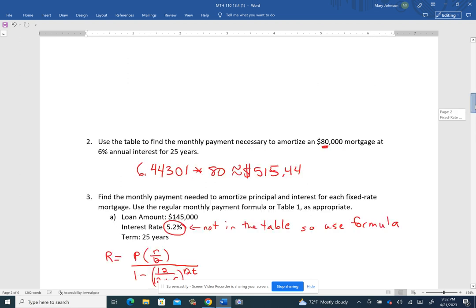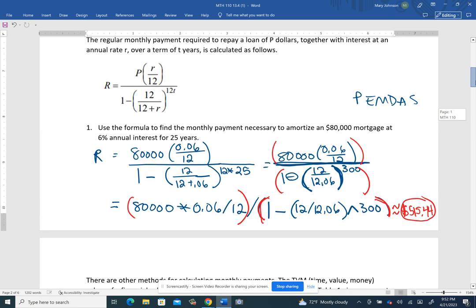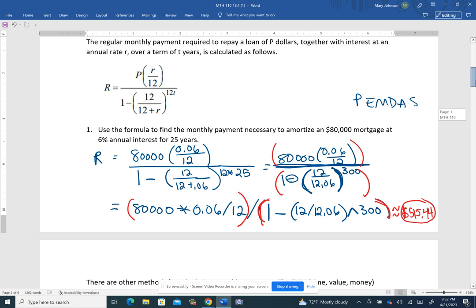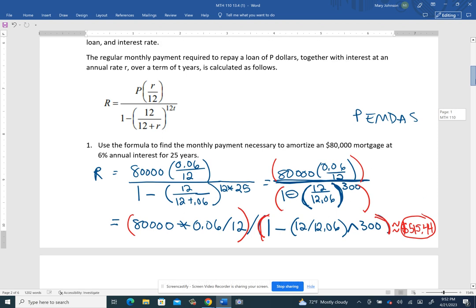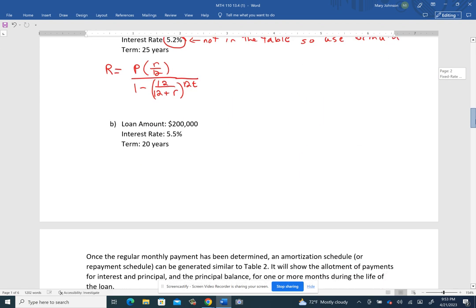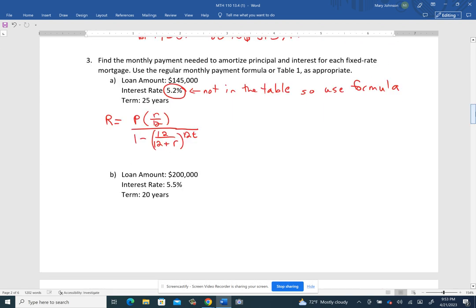All right, so I got that. You'll have it on a formula sheet, and you just have to find that formula when your interest rate is not in the table, and write it down, and then plug in, and then make sure you're using your calculator properly.